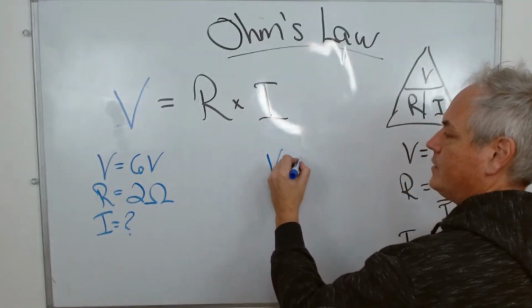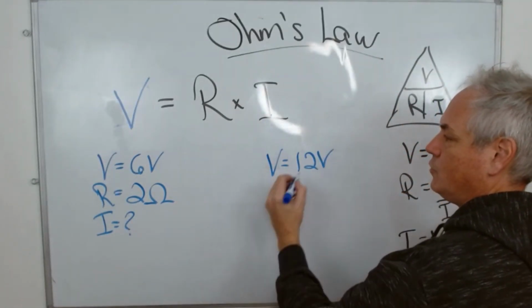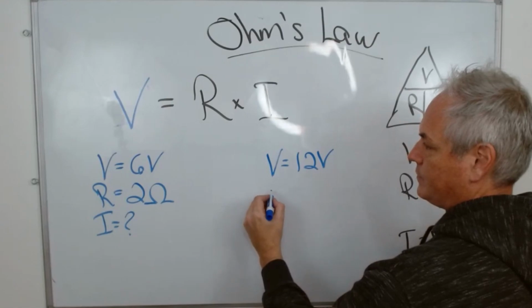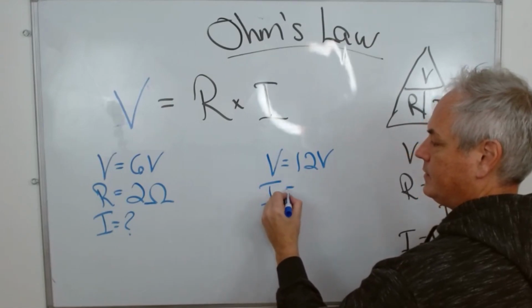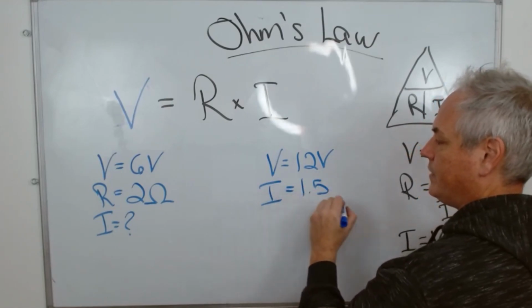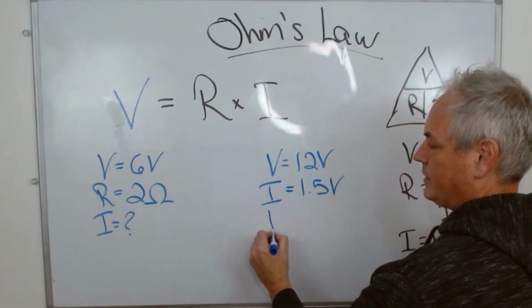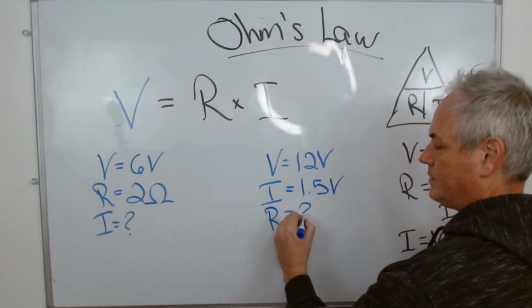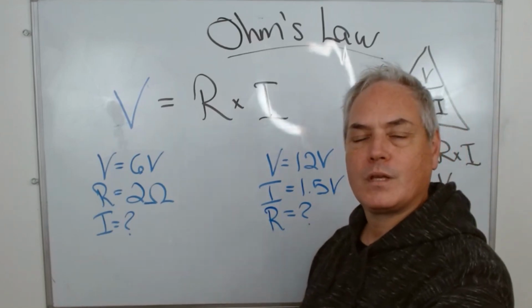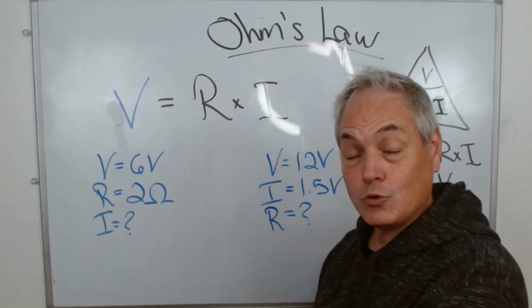And then we have V equals unknown, the intensity, which is 1.5 amps, and the resistance. So here are 2 more examples.